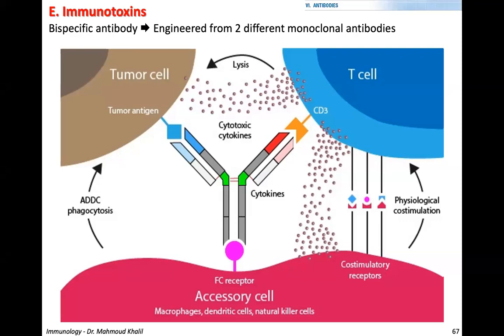And as well, this scenario will enable the dendritic cells or accessory cells to do antibody-dependent cytotoxicity by the process of phagocytosis. It's a process of opsonization, if you remember, so that they can do phagocytosis of the tumor cell.